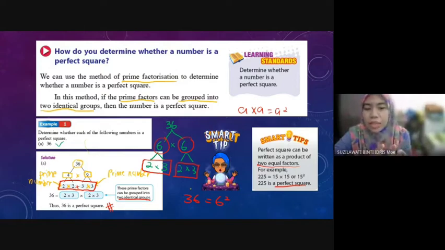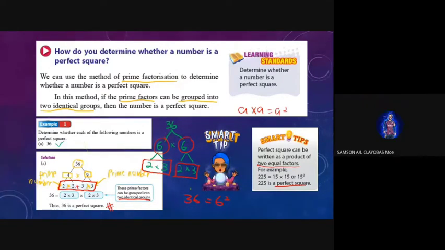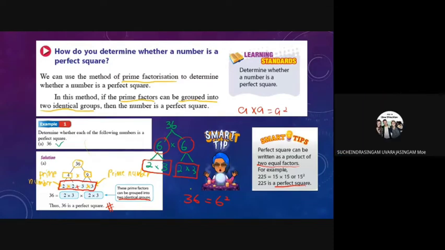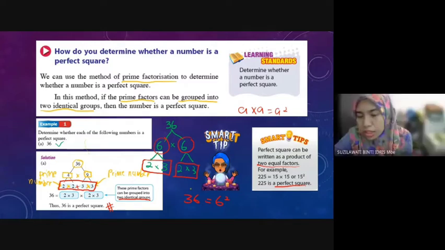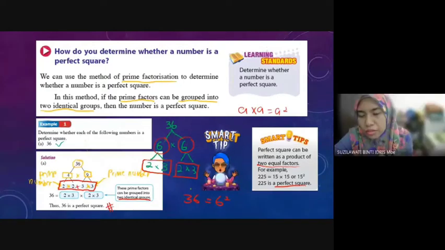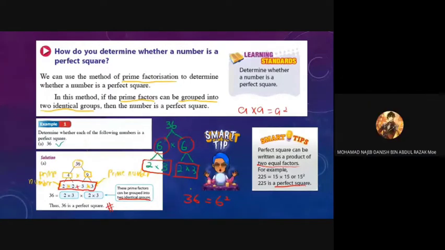What are the numbers that we can call perfect square? 144. 121.